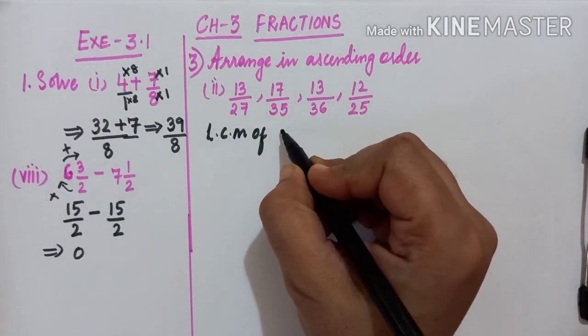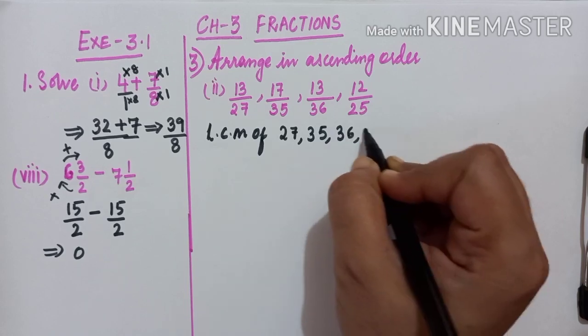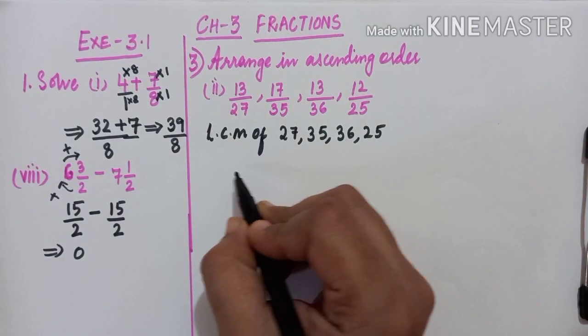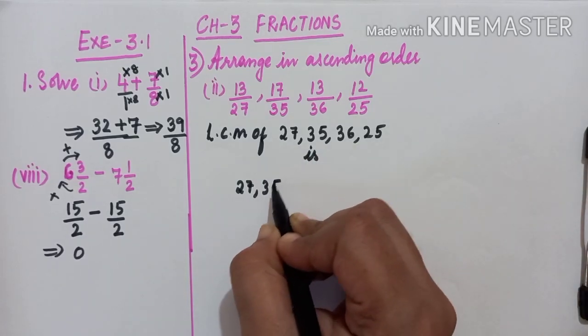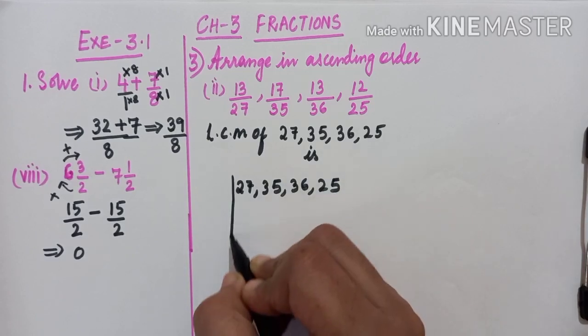So take the LCM of 27, 35, 36 and 25. Let us write 27, 35, 36 and 25.